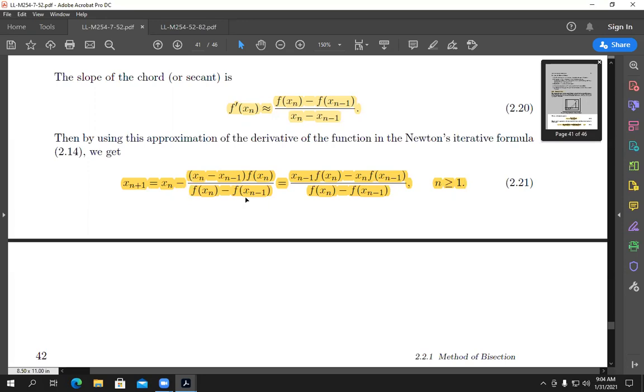So what are some good points and bad points of the secant method? The secant method is an iterative method, like Newton, like bisection, like fixed point, and every iterative method needs an initial approximation to start. The secant method, like the bisection method, needs 2 initial approximations to start.